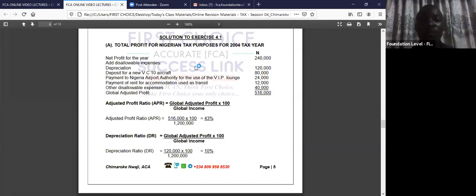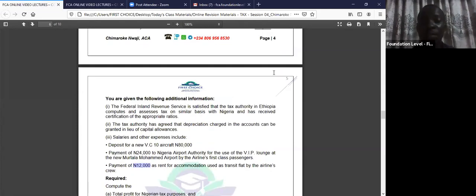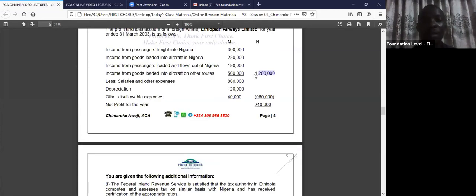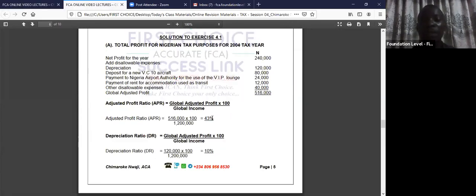Global income, we've seen it here as 1,200,000. So when we do it that way, we find out that our profit is 43% of our income. That is what it means. Profit is 43% of the global income.